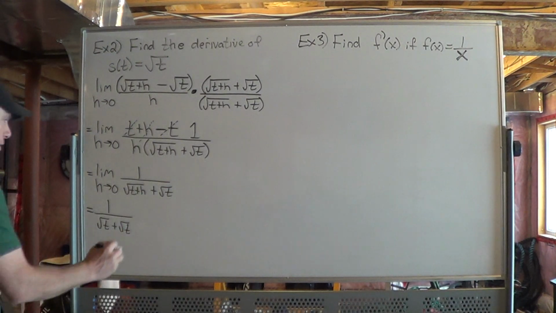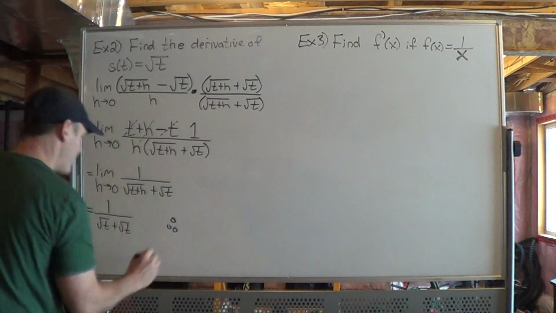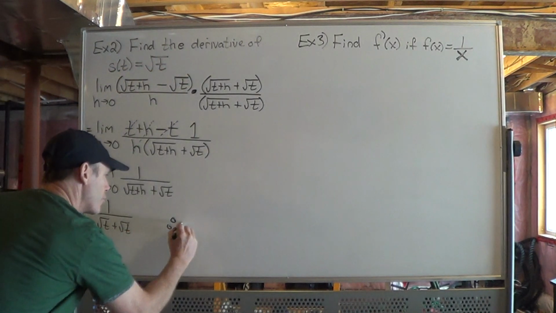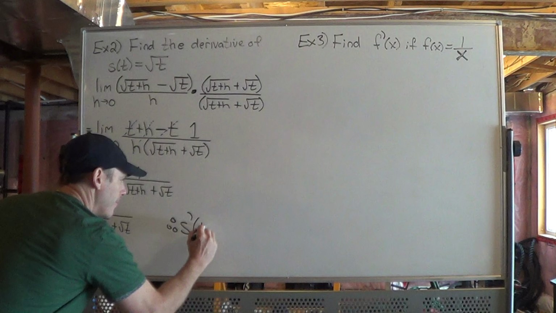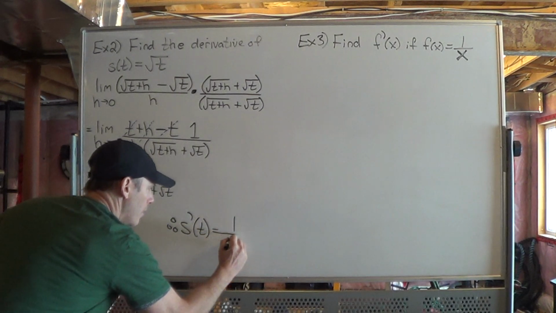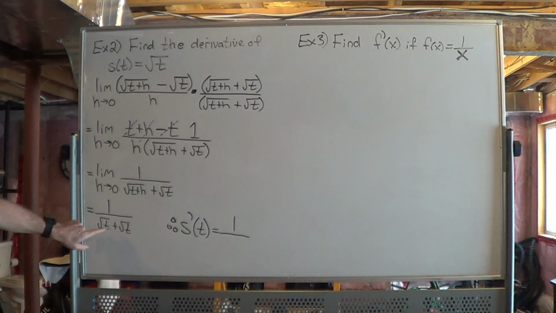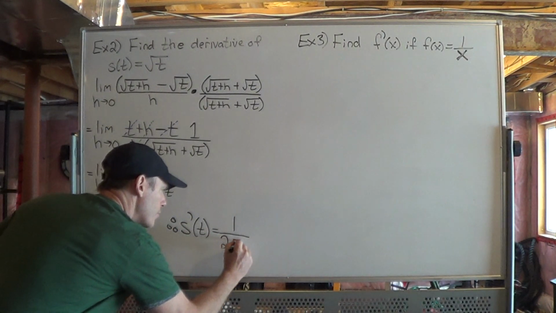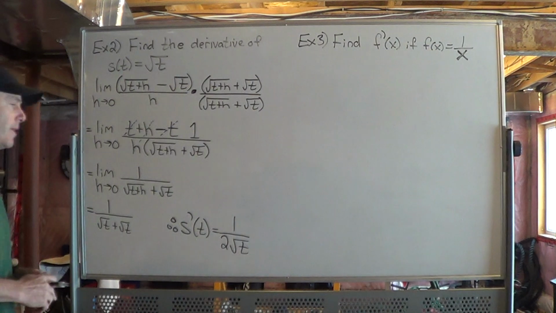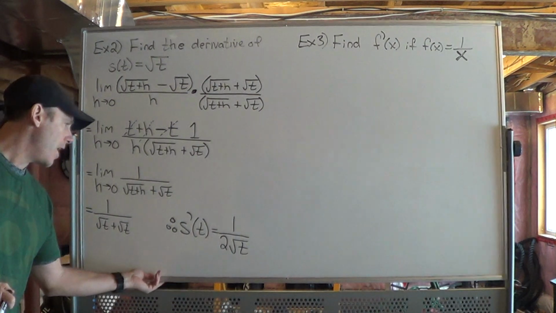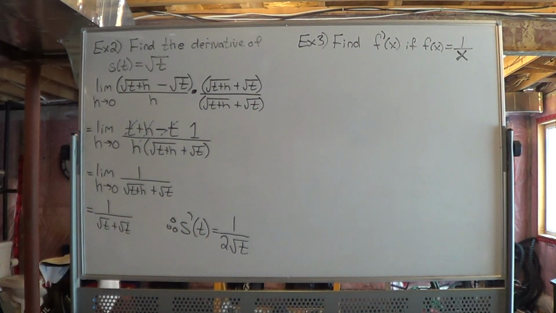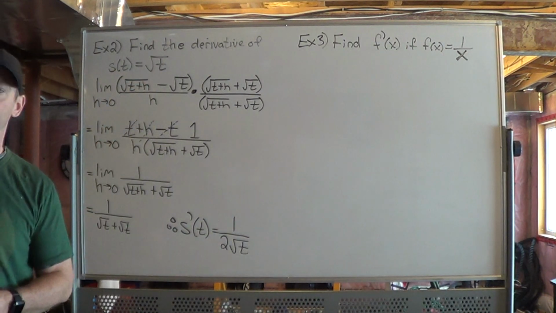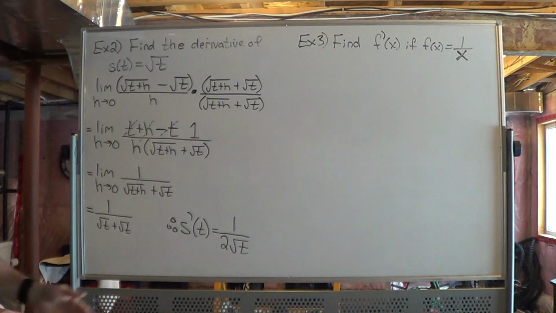And so, therefore, I want to find the derivative of s of t, which in notation I'd have s prime of t is going to equal 1 over, well, I have a square root of t plus the square root of t. Well, I got 2 of them. So 2 square roots of t. And so now I can find the slope of the tangent line to this function at any point of t. All right, so there's our derivative.